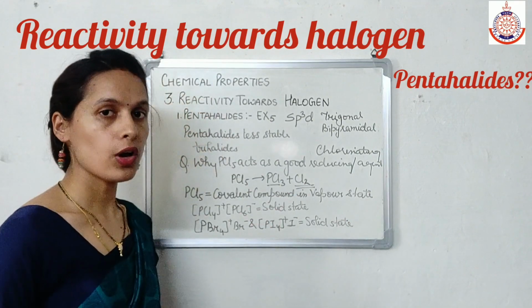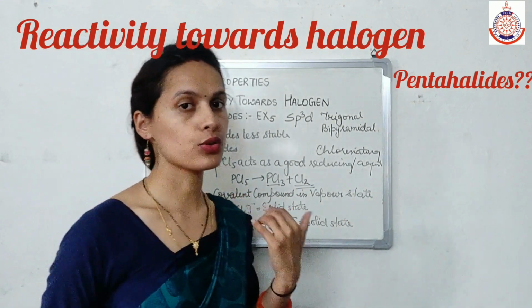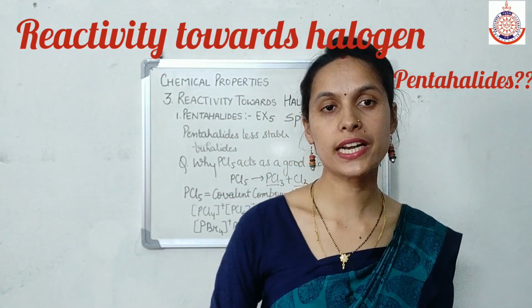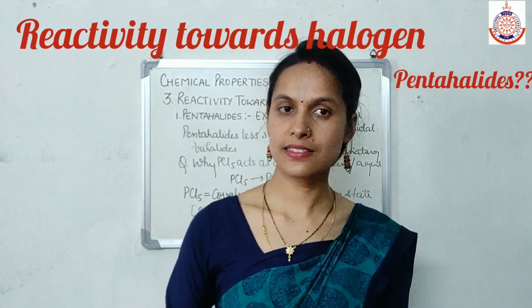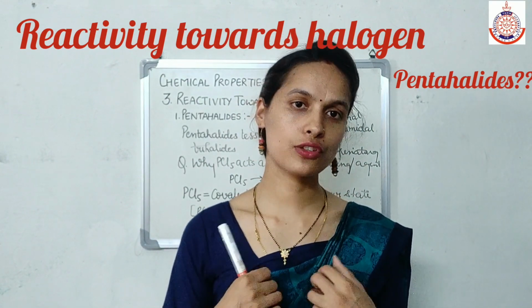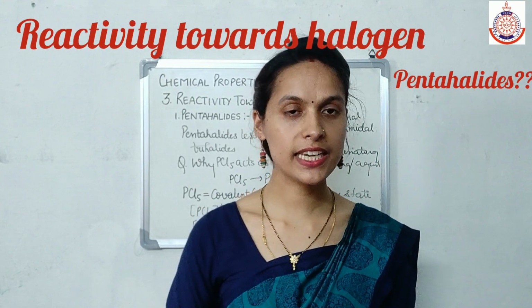So PCl5 acts as a good chlorinating agent. Why does PCl5 act as a good chlorinating agent? Because of its less stability. It readily gets converted into PCl3 and gives us chlorine. That's why it is a good chlorinating agent.